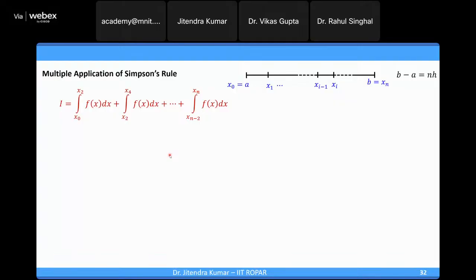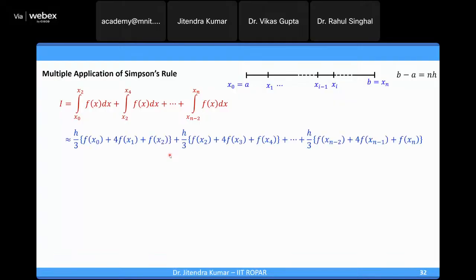Then you can apply the Simpson 1/3 rule in each: 1/3 h times f(x0), plus 4 times the inner node, 4 f(x1), plus f(x2), the outer one. The same thing you continue with the second integral, then the third, and so on up to the end. But in each case, you should have 3 points: 2 endpoints and 1 in the middle.